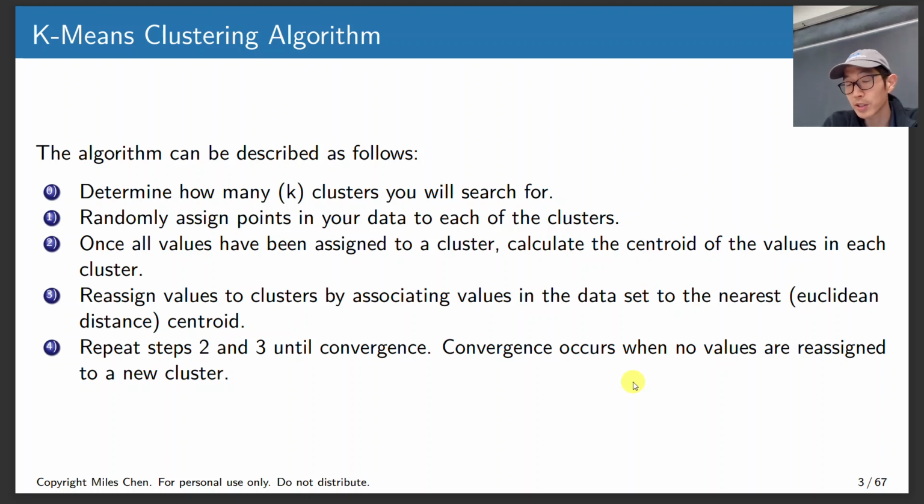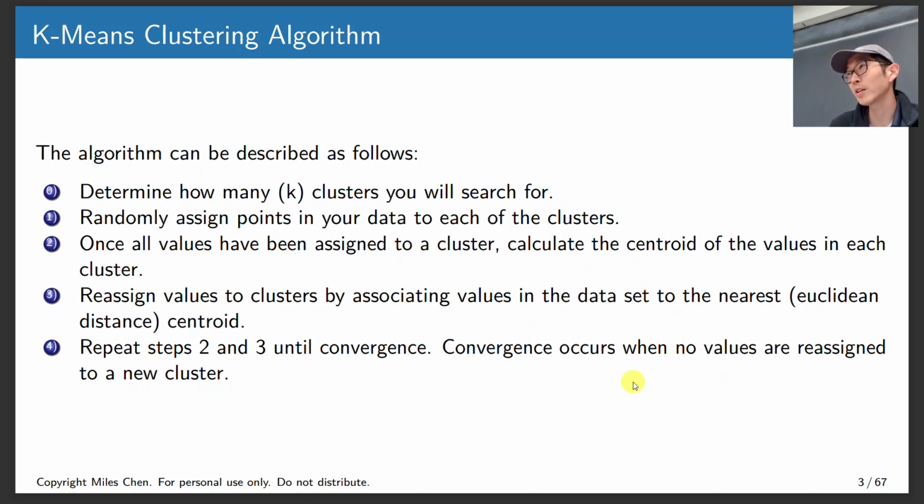Once all the points have been assigned to a cluster, we calculate the centroids, and then you associate each point with the centroid closest to it, using Euclidean distance. Then you iterate back and forth, reassigning points and recalculating centroids, until no new changes are made, and then we say we've reached convergence.